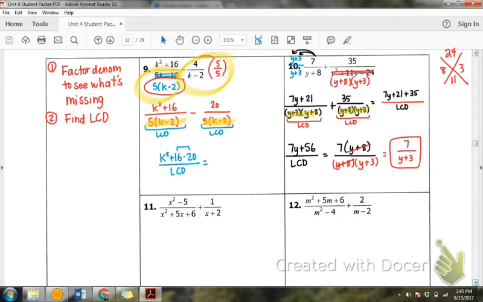Okay, so again, what's the first step? Factor your denominators, right? Okay, so let's factor on number 11. You can factor that denominator. You have plenty of space over there on the left. We're not going to use that space, so you can use the space there on the left.